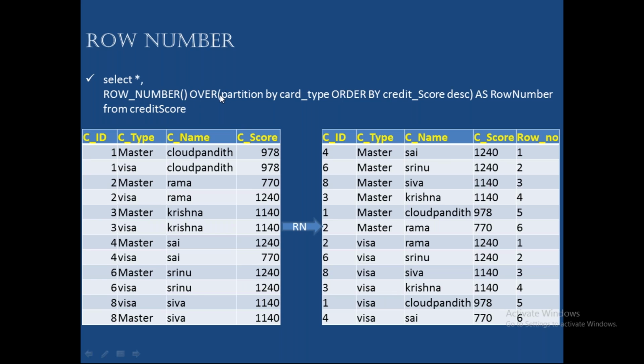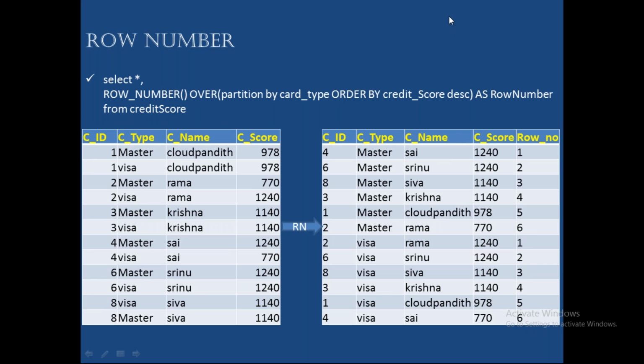After that I'm applying row number, meaning I'm just giving the row numbers 1, 2, 3, 4, 5, 6. For visa cards, again I arranged scores from highest to lowest and gave 1, 2, 3, 4, 5, 6. You understood?